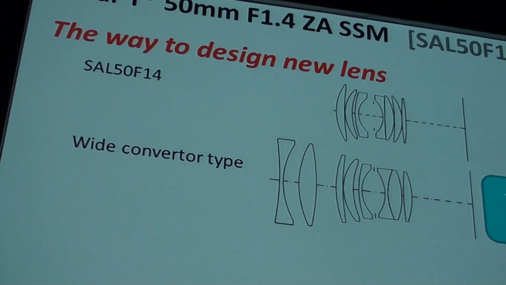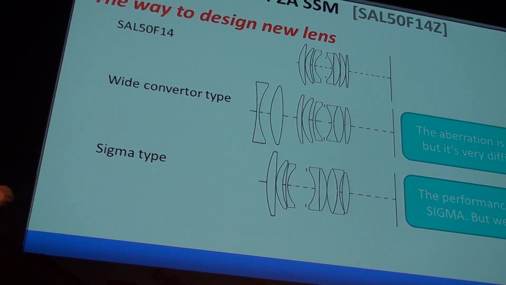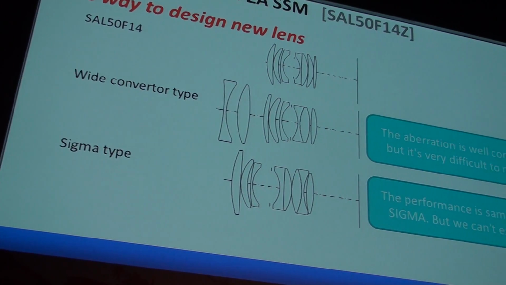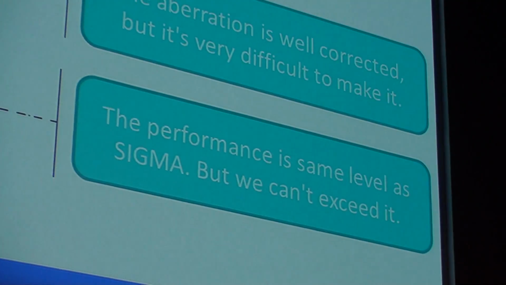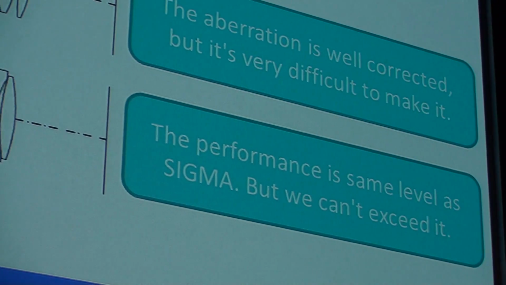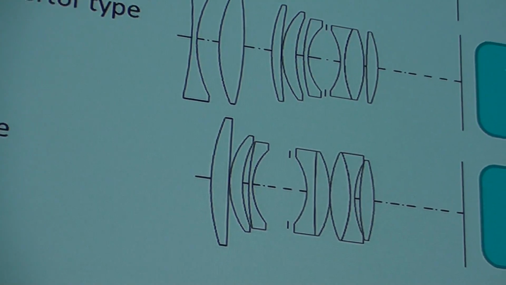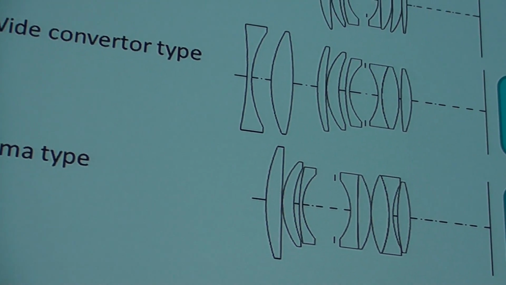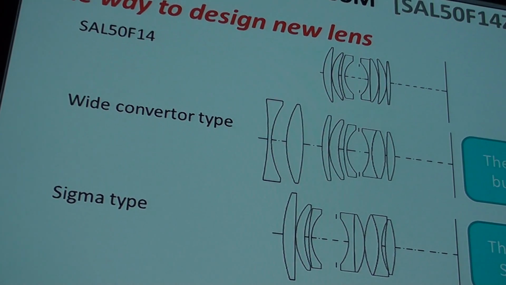So we'd like to change the plan. We designed this type like a Sigma, but the performance is the same level as Sigma, and we want to exceed it. So we stopped and went to the next plan.